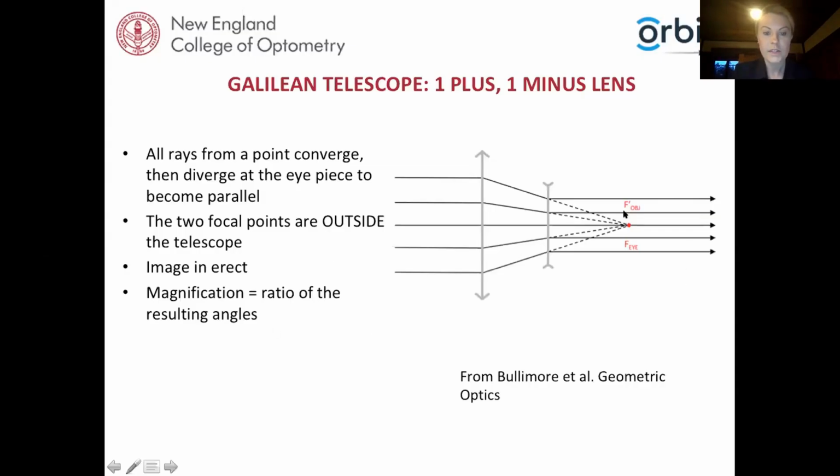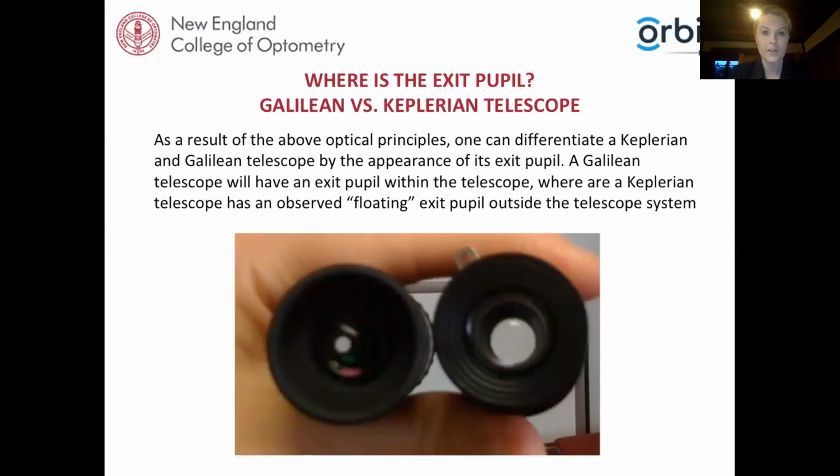As you can see in this ray diagram, the focal points for both lens pieces come together outside of the telescope. The image in a Galilean telescope is always erect, so we don't need any mirrors or systems to revert it. And just like a Keplerian system, it's the ratio between these angles here and here that gives us our magnification, or angular magnification.